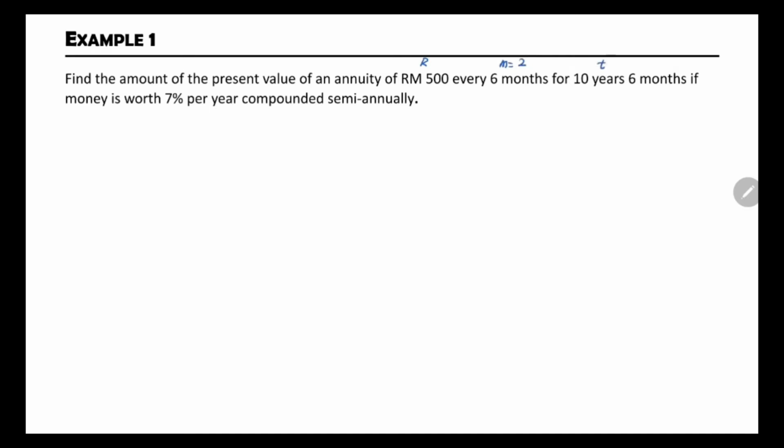So this is t, if money is worth 7% compounded semi-annually. R is 500, j is 0.07, t is 10.5 years, and i is 0.07 over 2, 0.035. n is 2 times 10.5 equal to 21.